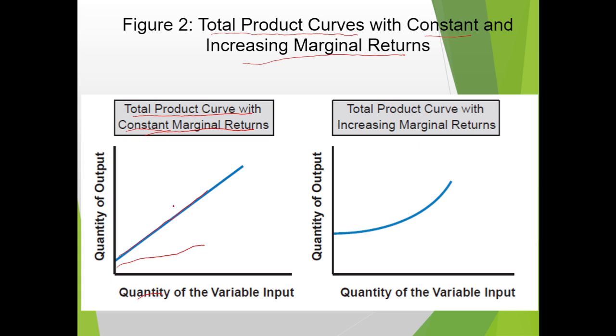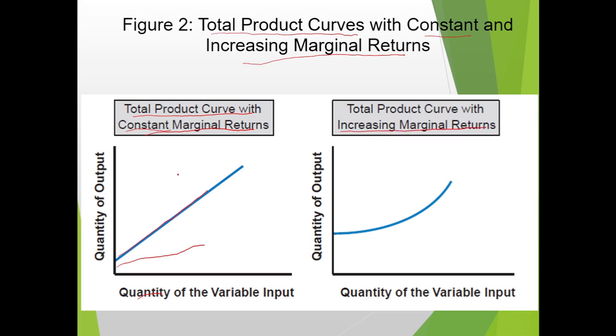Let's now move to the right side. Total product curve with increasing marginal returns. What does it mean? It means that when we increase the quantity of variable input by 5% and the quantity of output increases by 10%, that is your increasing marginal return, right?